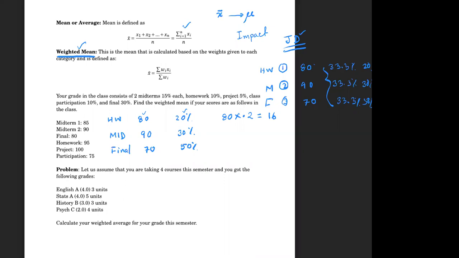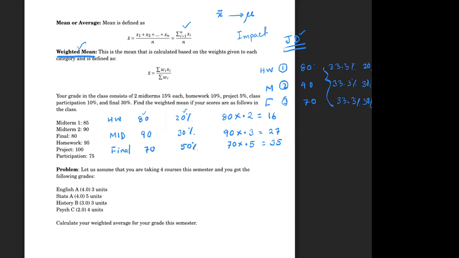Now, similarly, midterm, you got 90, but midterm is 30%. So 90 times 0.3, which is 27. Final exam, 70. But it is 50% of your grade, so you multiply it by 0.5, which is 35.